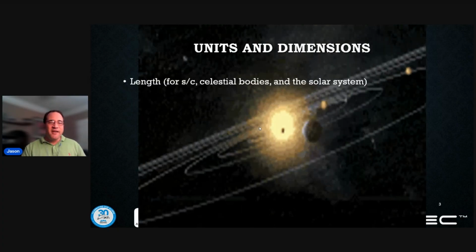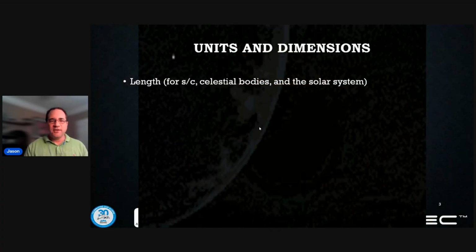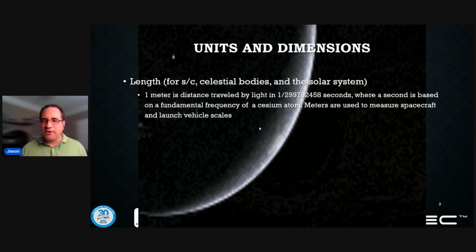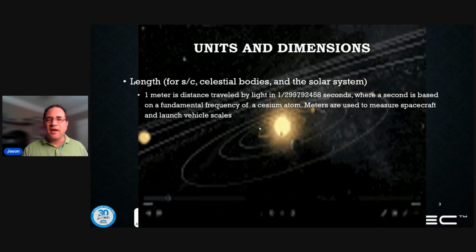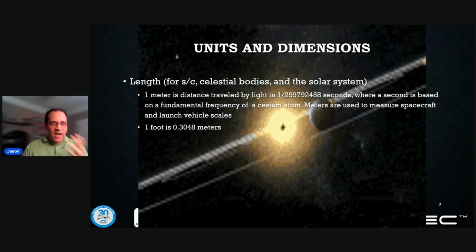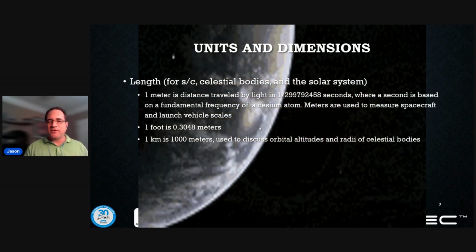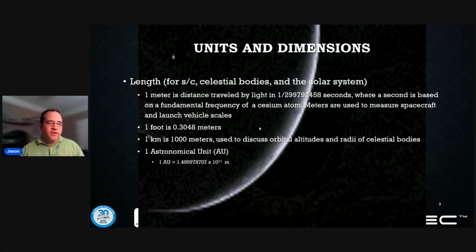So moving on, the length scale for spacecraft and celestial bodies in the solar system. A meter is a very useful distance for a spacecraft. A spacecraft might be a few tens of meters long. A foot is 0.3048 meters. A kilometer is 1,000 meters, used to describe orbital altitudes and radii of celestial bodies. An astronomical unit, so what is that?